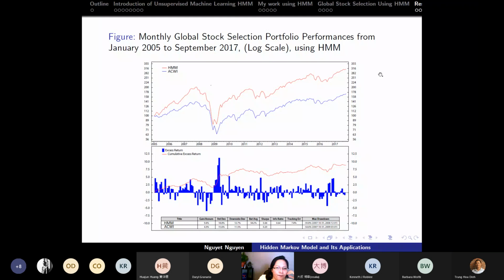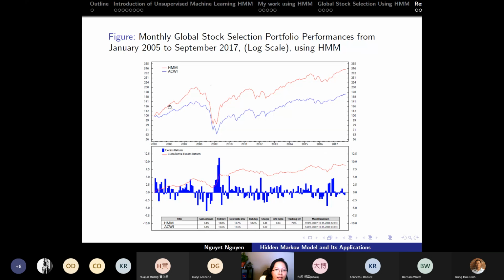After we assign the weights for each factor, we score each stock. We rank them from 0 to 100, and we only pick the 10% of stocks that have the highest score, and form the portfolio from 2005 to 2017.